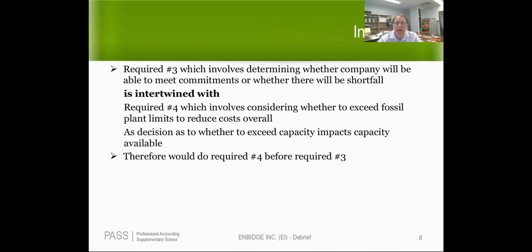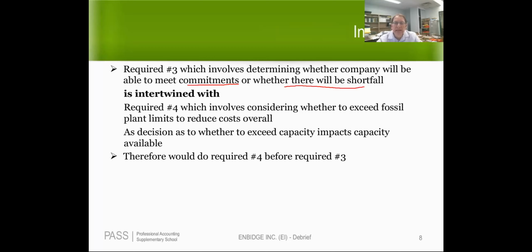Okay, now, there is a little integration here, pretending that we had just done the whole plan, put it together before we look at the individual requireds. Number 3, where you're dealing with whether they can meet the commitments or whether there'll be a shortfall, is intertwined with number 4, where you're talking about whether to exceed the fossil fuel limits.